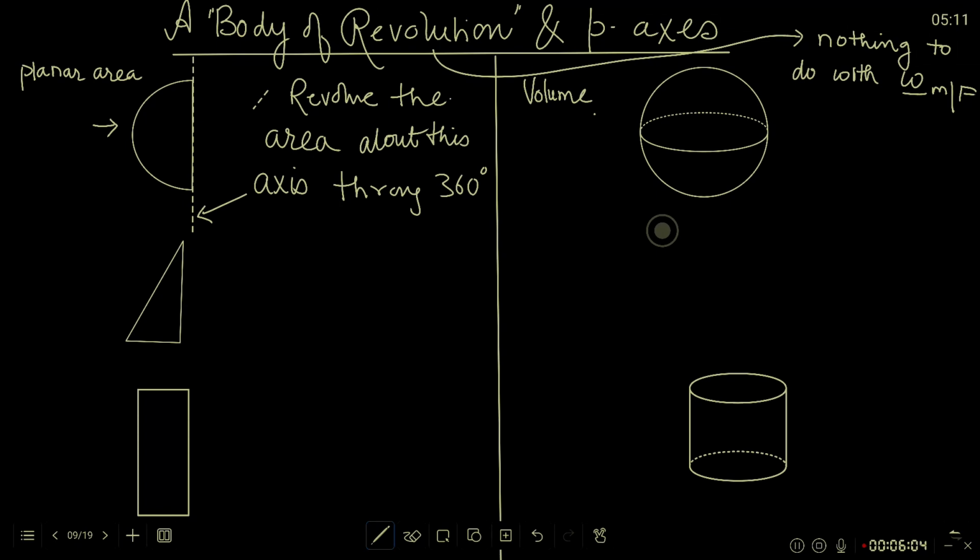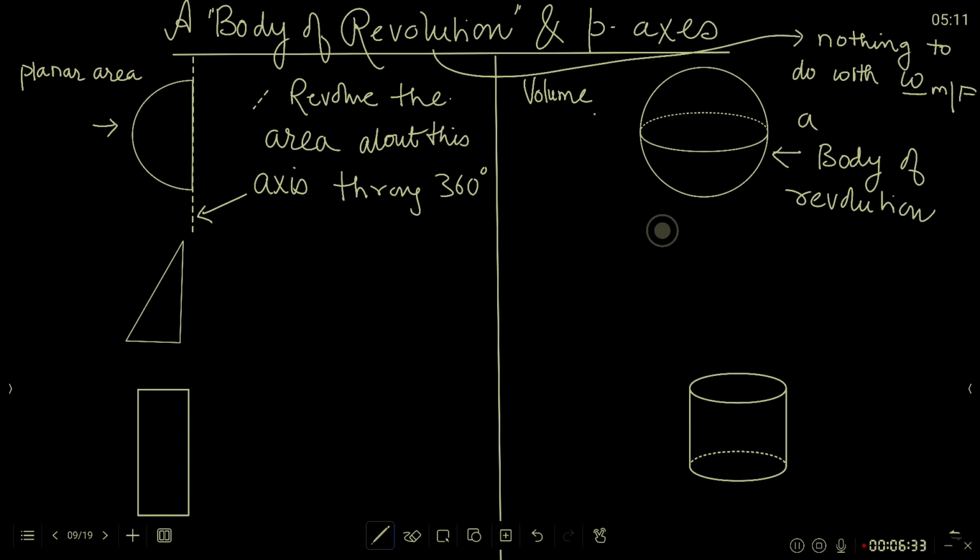So the area will keep creating more matter as it revolves around this axis, and it can result into the creation of this volume. Since an area is being revolved about an axis and it gives rise to a volume, I will call this a body of revolution. In this way, we want to use the word revolution.